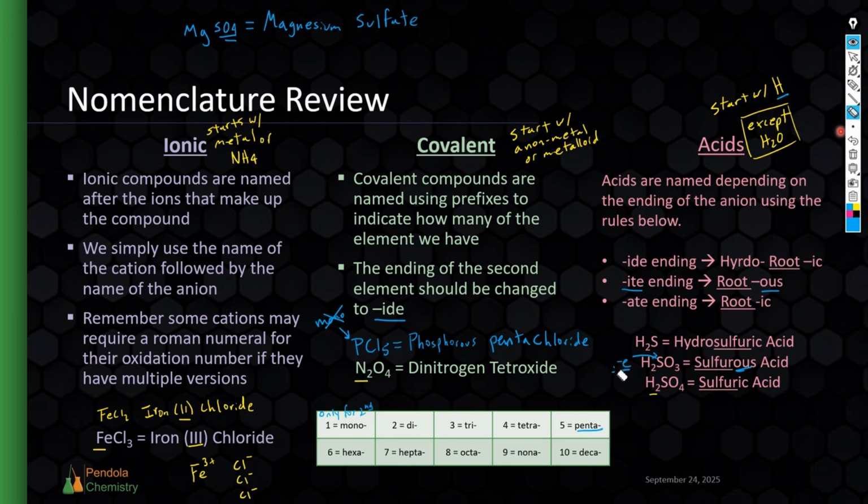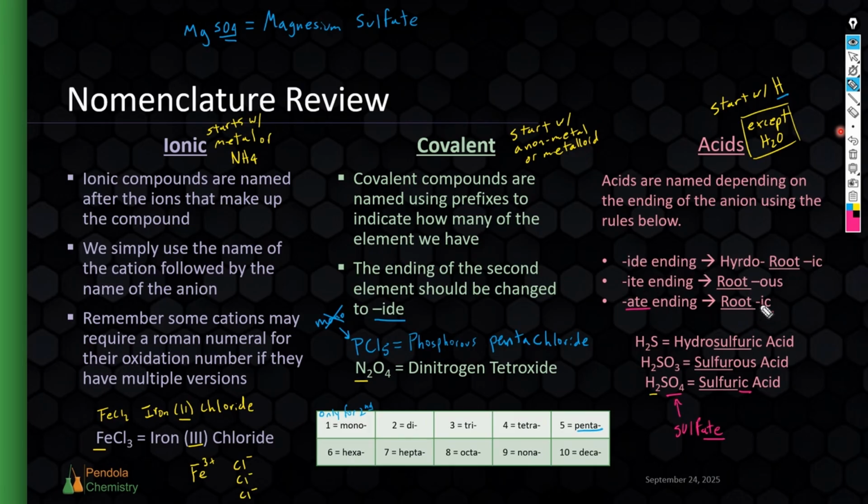And then finally, if the ending for the ion is "-ate", like SO4 is the sulfate ion, then what we're going to do is change that ending to "-ic" acid. So H2SO4 becomes just sulfuric acid. And again, we have to be careful because the "-ite" and the "-ate" are similar.